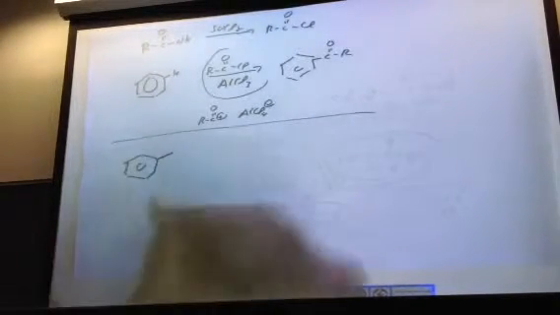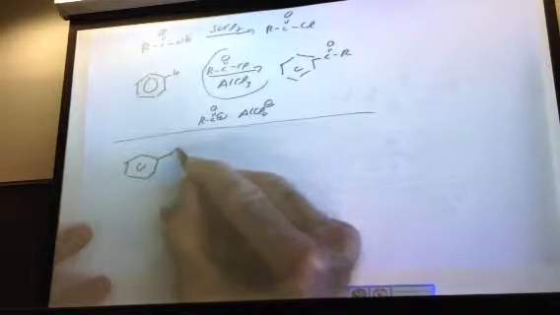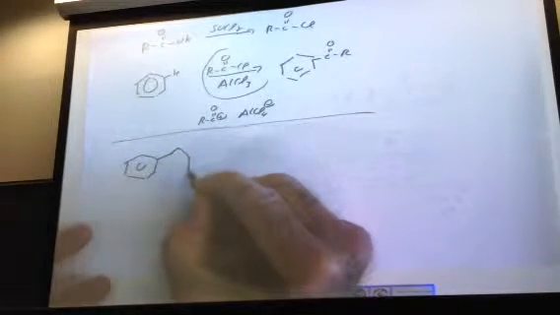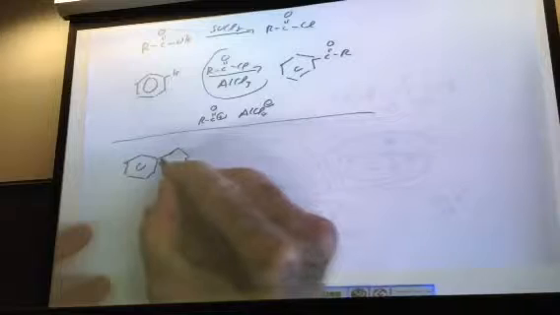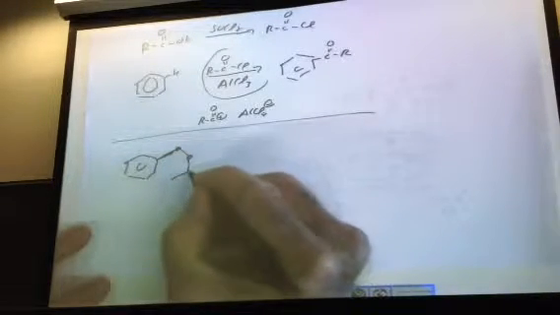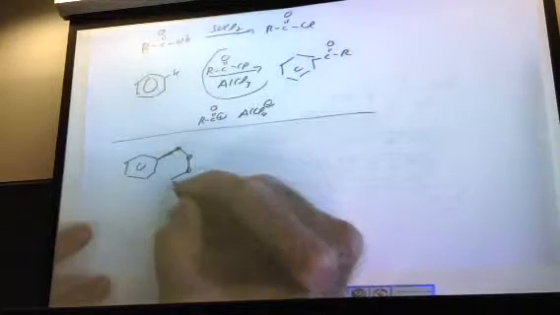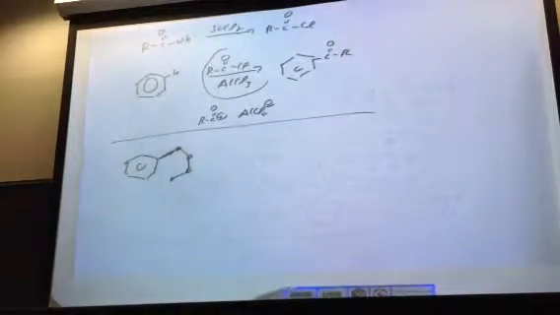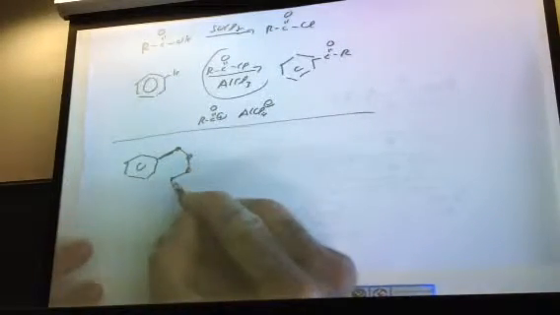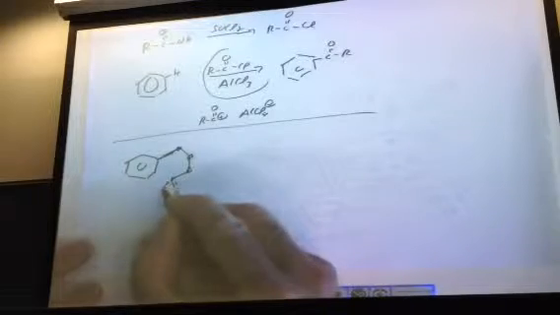Let's see. 1, 2, 3. You kind of drew it the way you want to. Yeah. One carbon here, here, here. So this is what you got to start with.